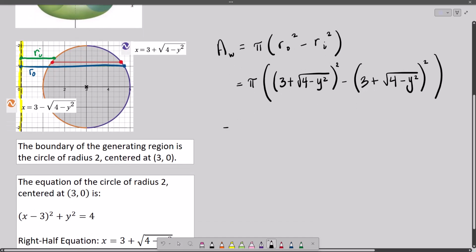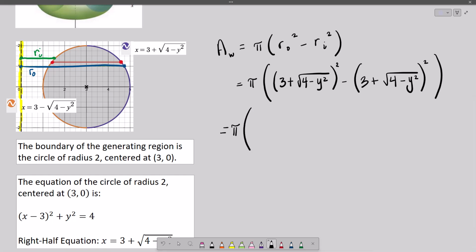And like always, Calc 2 has lots of algebra. We have to be able to FOIL. Foiling looks a little more complicated all of a sudden. But when you FOIL, the 3 gets squared and you get a 9. To get the middle term, you multiply a times b and then double it, so you get plus 6 square root.